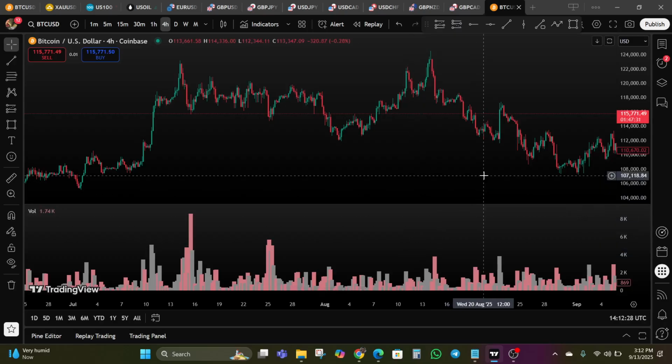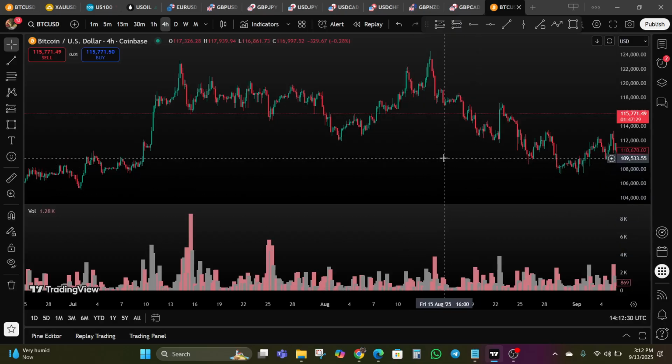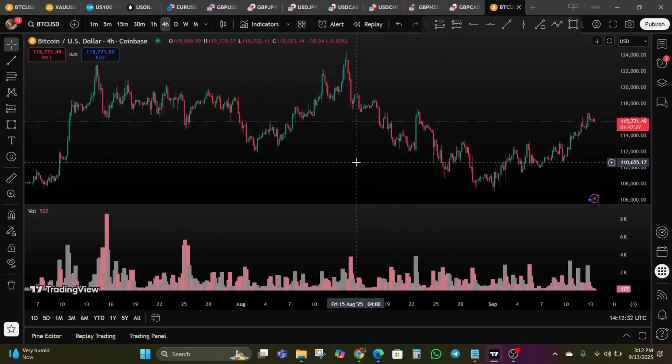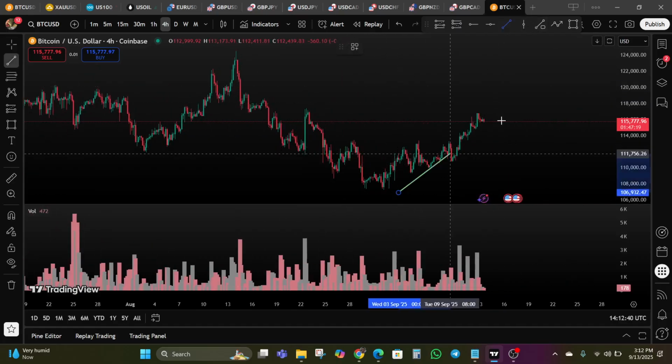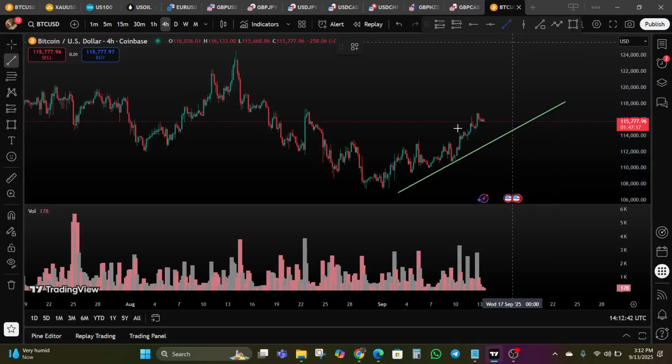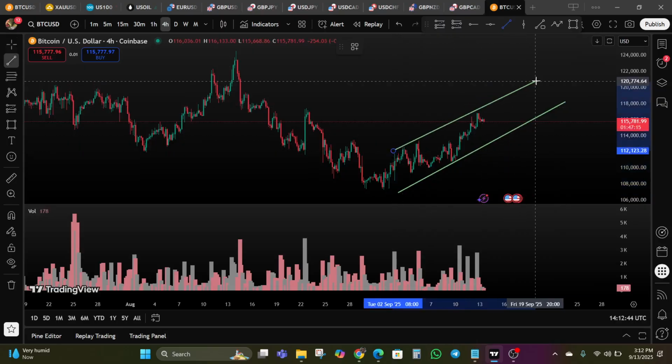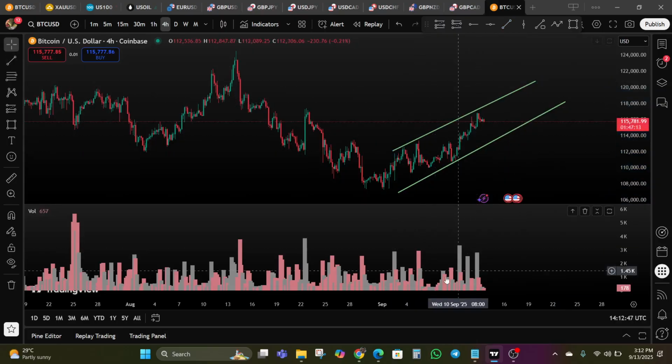Now, why does volume matter? Traders often use volume to confirm trends. For example, if the price of a currency pair is moving upward, and you notice that volume is also increasing, it suggests strong buying interest.